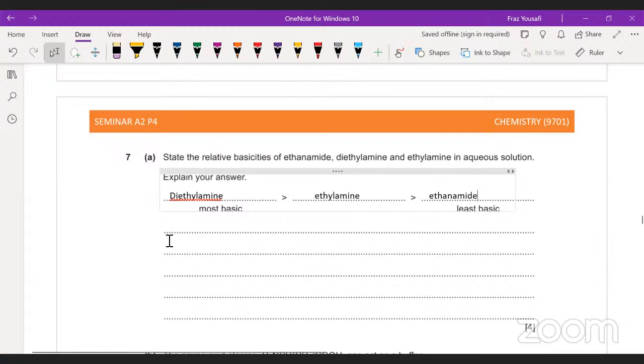Now, that's one mark. The second, third, and fourth will be dependent on your ability to realize that basic properties are linked to the ability of your nitrogen, your lone pair on the nitrogen, to accept a proton.